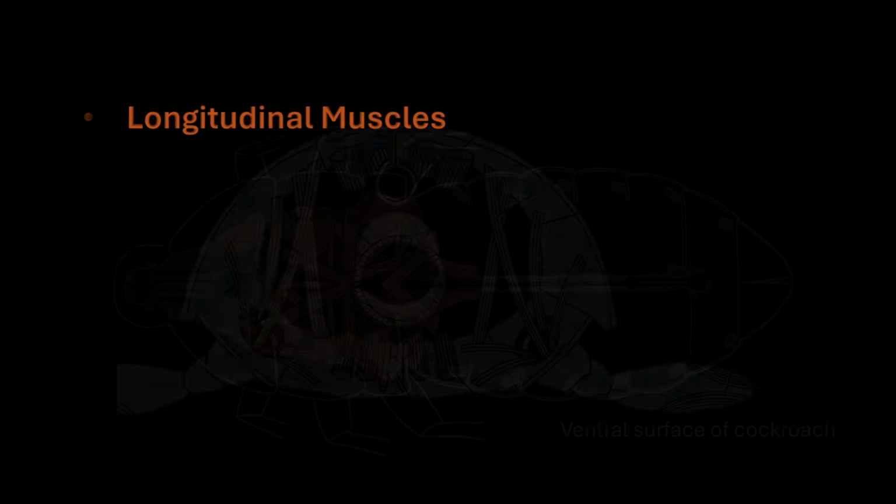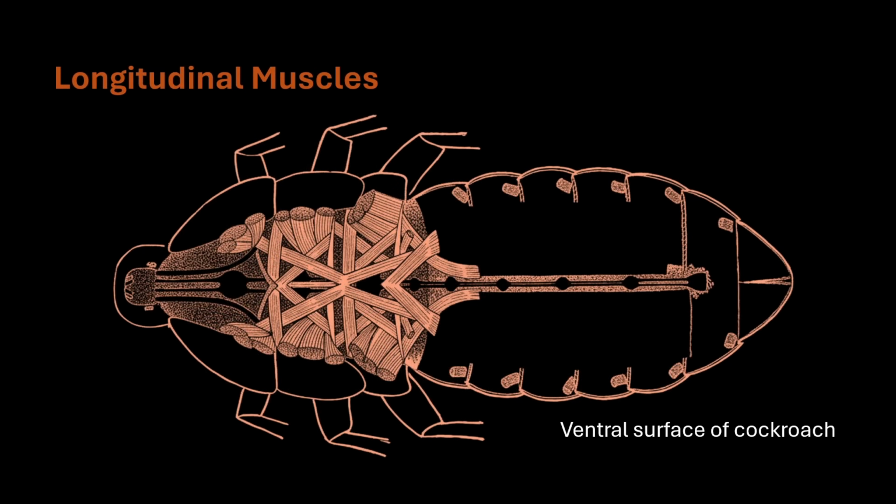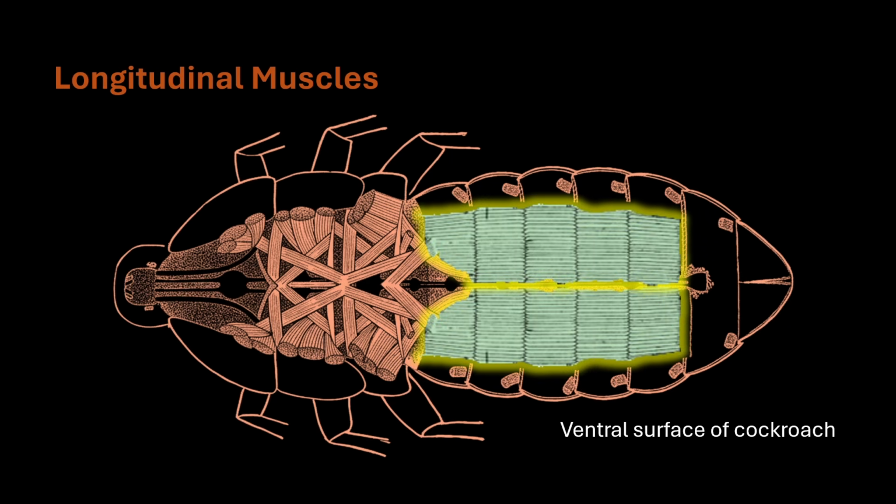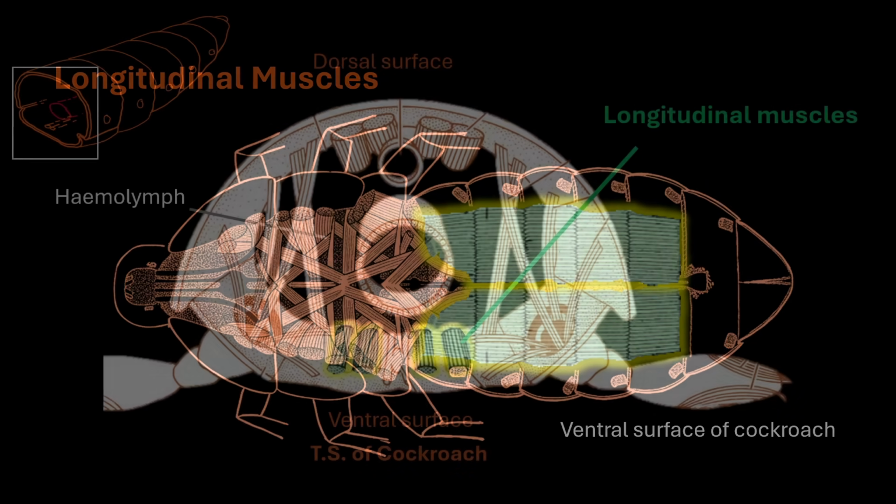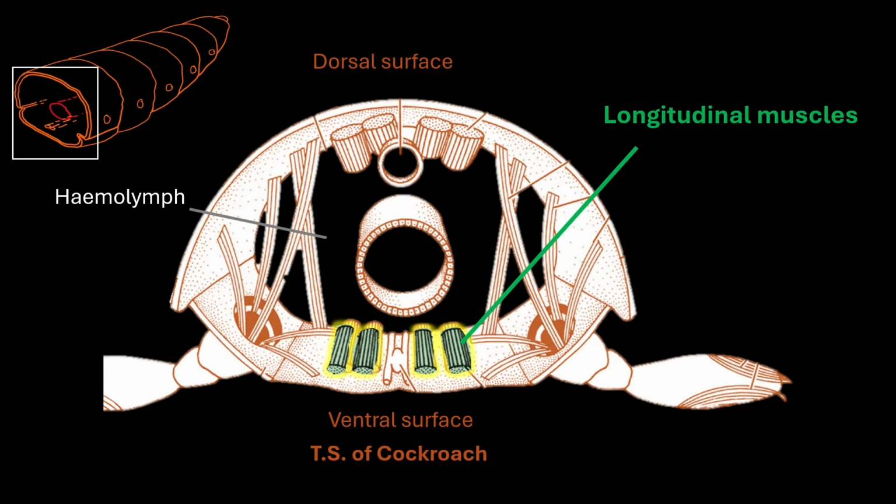So, if I show you the cockroach from its ventral side, that is the side of its belly, you can see the longitudinal muscles running continuously from front to back along the body covering the ventral surface. If I see the same muscles in the transverse section, they can be seen as bundles running on the ventral floor.